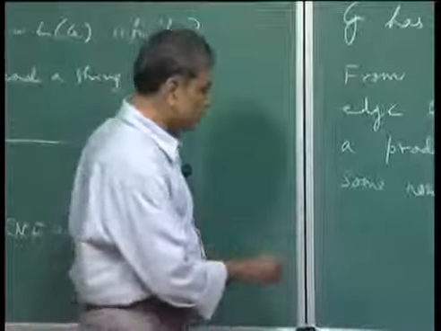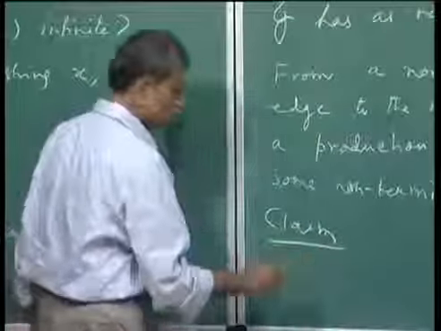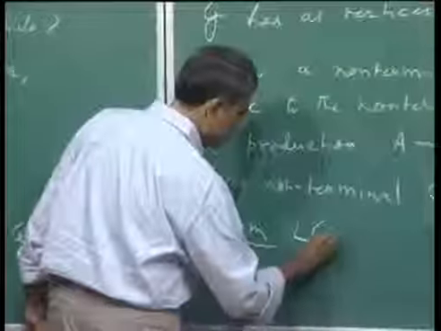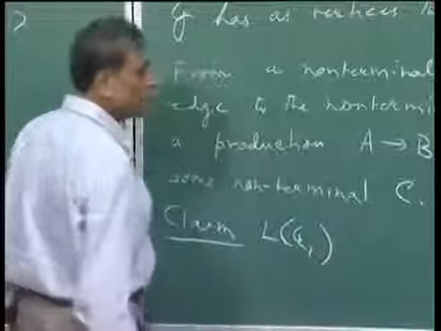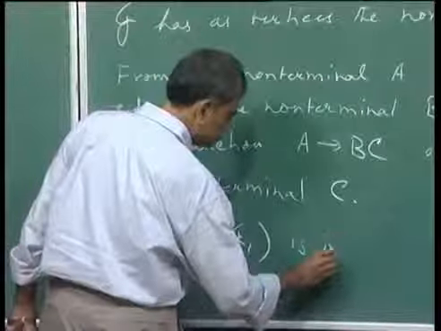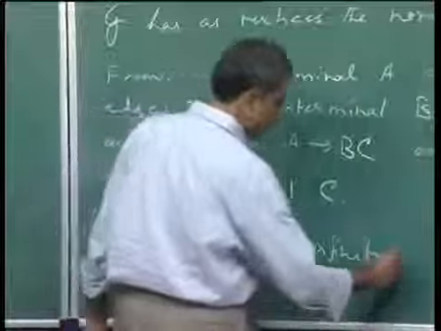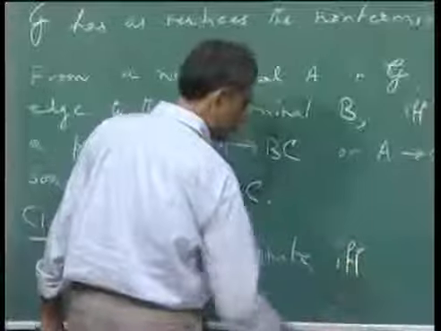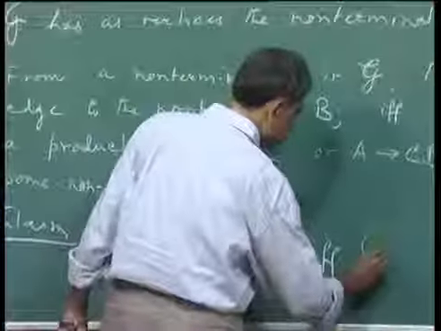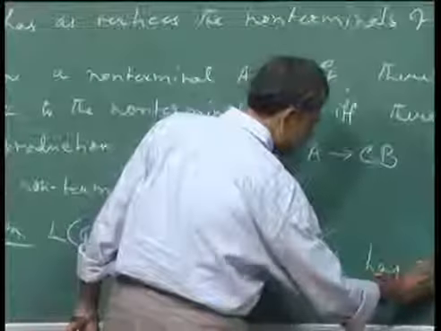Now, the claim is that LG1 is infinite if and only if this graph G has a cycle.